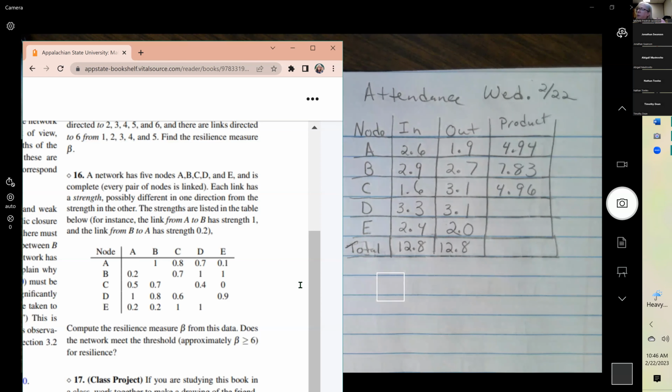Rule of thumb, you should never round until the very end, unless it's a large decimal.